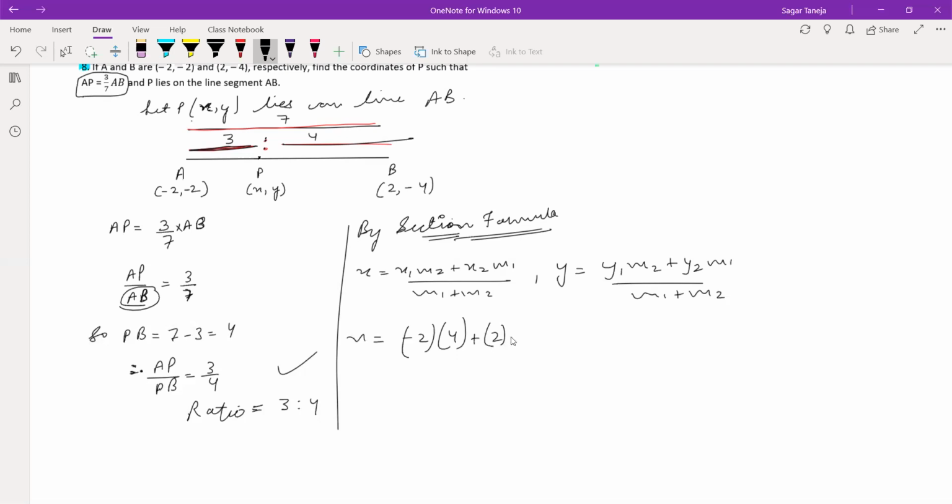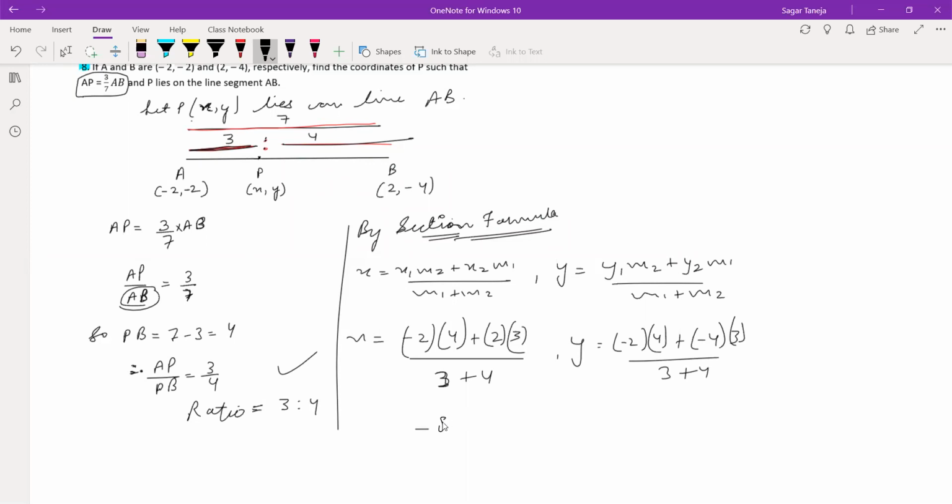X2 is 2 and m1 is 3 upon m1 plus m2, 3 plus 4. In the same way here, y1 is minus 2 and m2 is 4 plus y2 is minus 4 and m1 is 3 upon 3 plus 4.